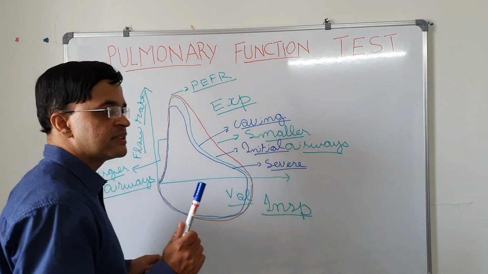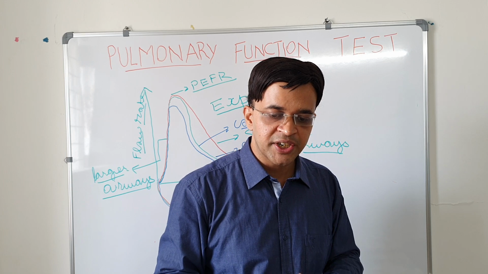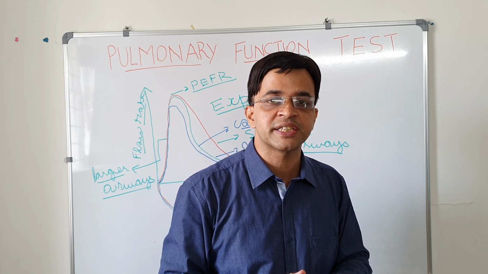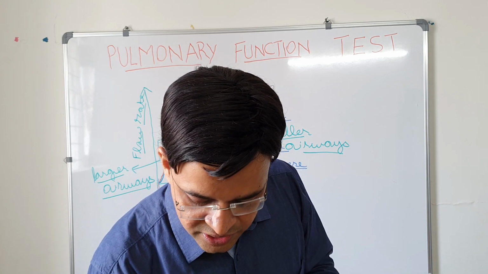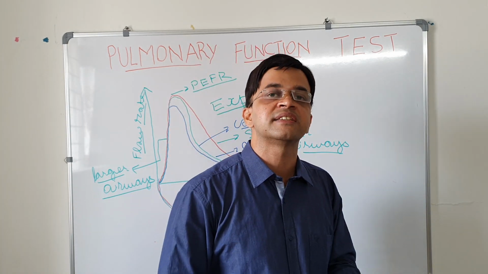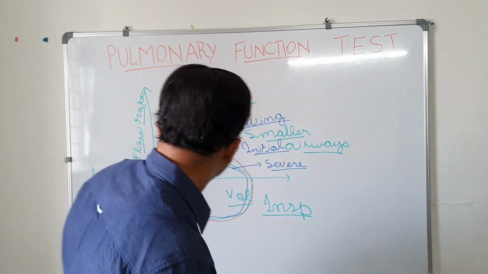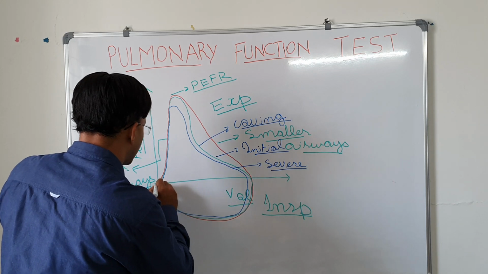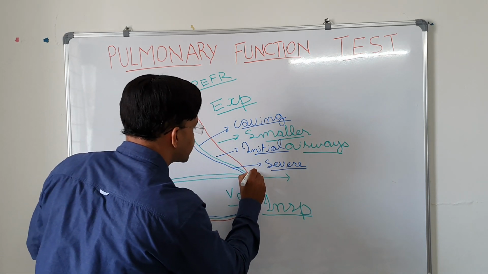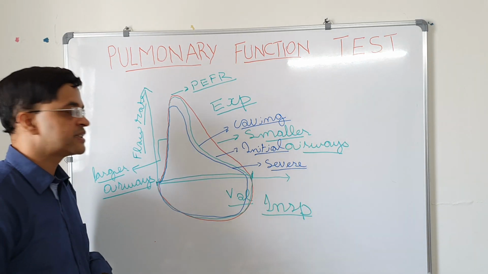Now you tell me what we are going to see in restrictive airway disease. In restrictive airway disease, obviously the forced vital capacity is compromised. Now this portion in this graph, this whole width of this graph, this represents our forced vital capacity.